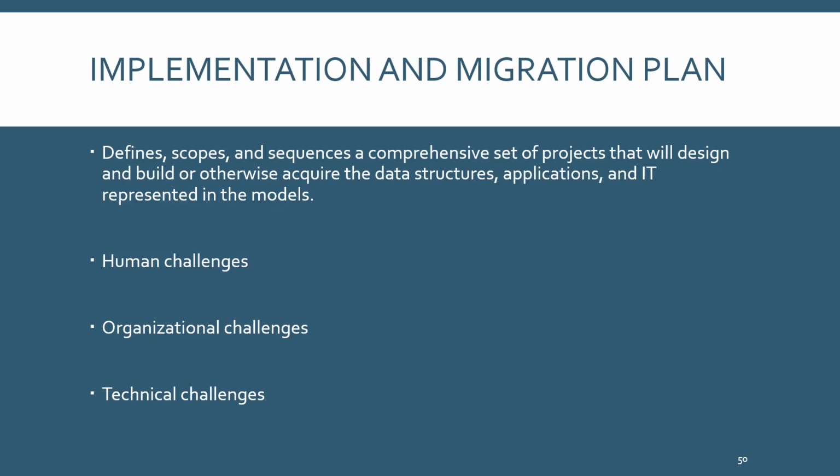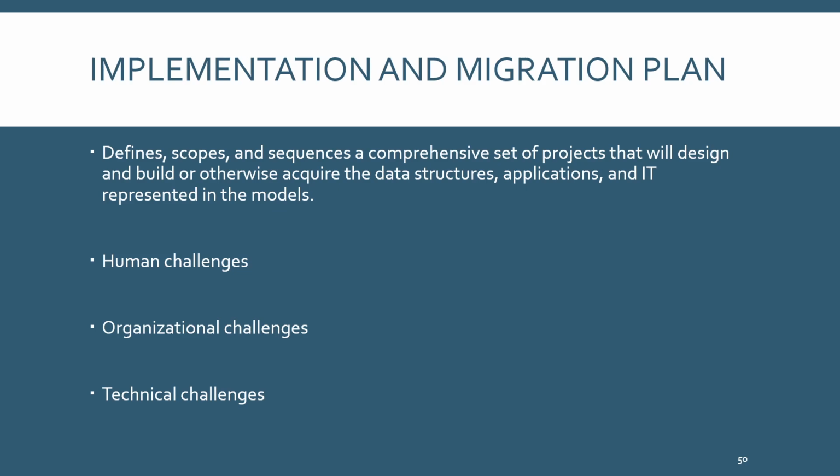How do you implement and migrate this? Basically, you need to define the scope and sequence of a comprehensive set of projects, and you need to take into account the human challenges, the organizational challenges, and the technical challenges.